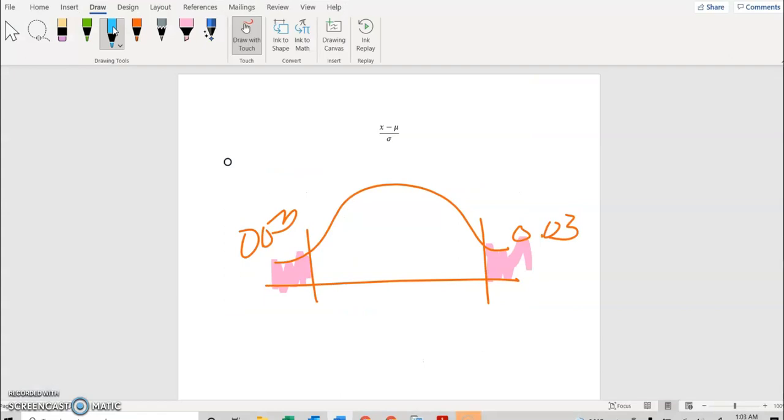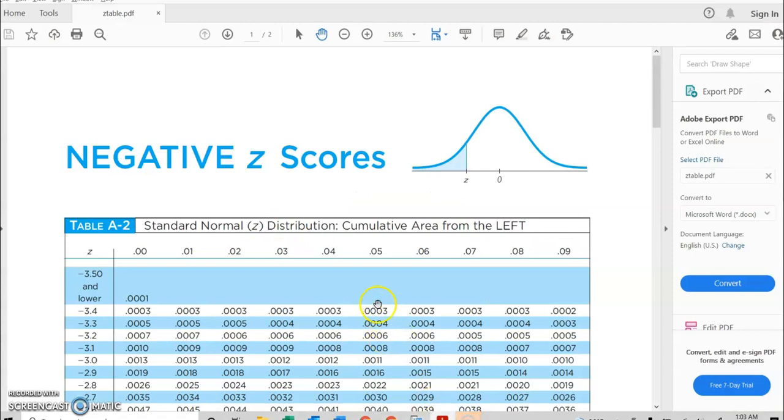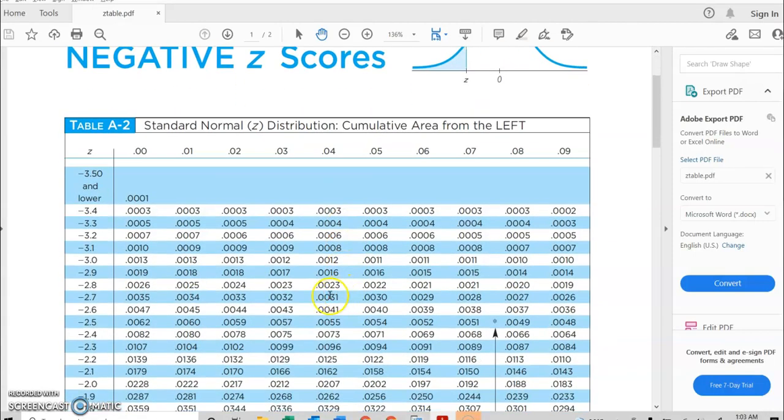So here at the bottom 3%, I'm going to open up the table. Okay, so I need to find 0.03. I'm going to look for the closest in the body here in the middle. I'm looking for the one closest to 0.03. And I can see, no, that's 0.003. Hold on a second.